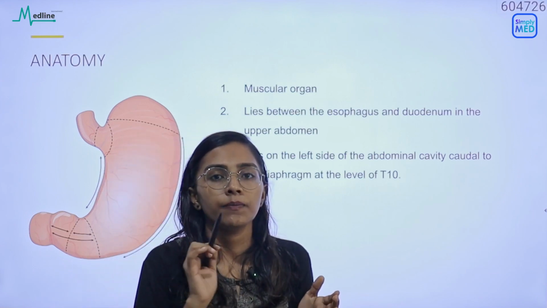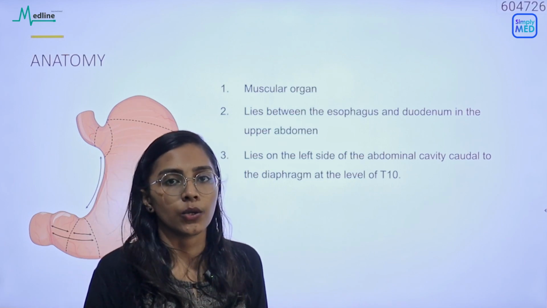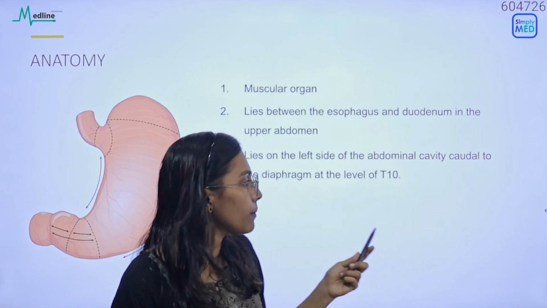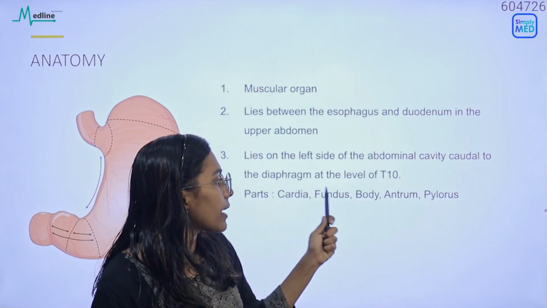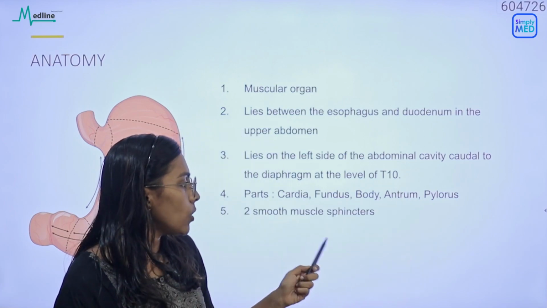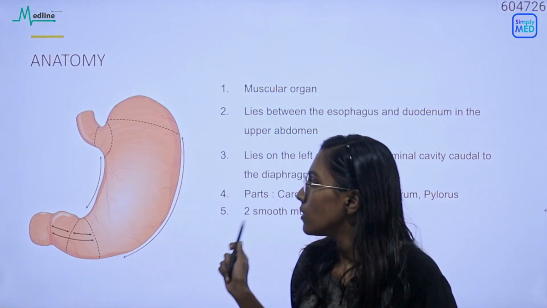The extent and the landmark should be by heart to you. And the parts of the stomach are cardia, fundus, antrum, and pylorus. It also has two smooth muscle sphincters, which I told you.